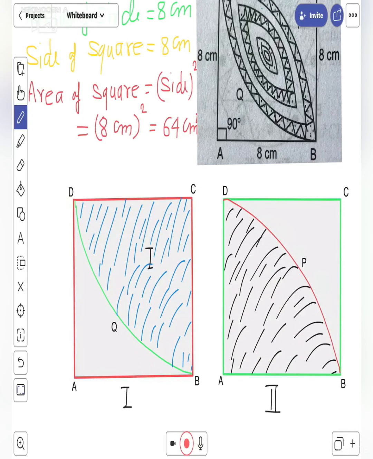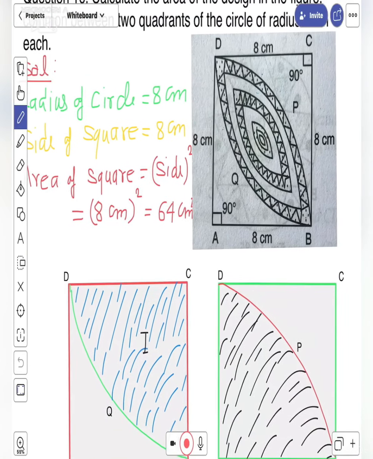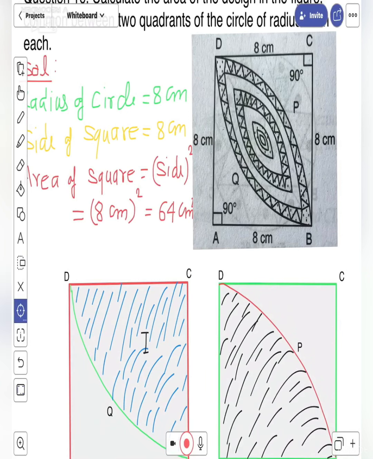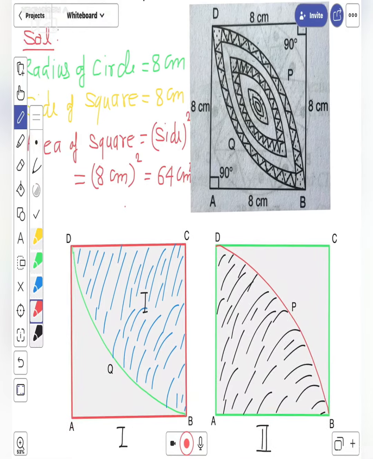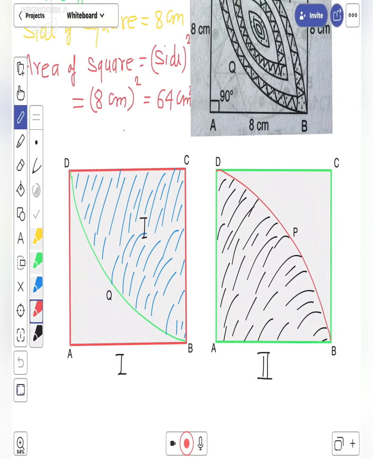In the first part you can see that this is the quadrant, the name of the quadrant according to the question, yes, this is BCDQ, this is the first quadrant. Okay, so we will make this diagram, and again the second quadrant is ABPD. Okay, so we will divide this in two parts as you see just here. These are the two parts.